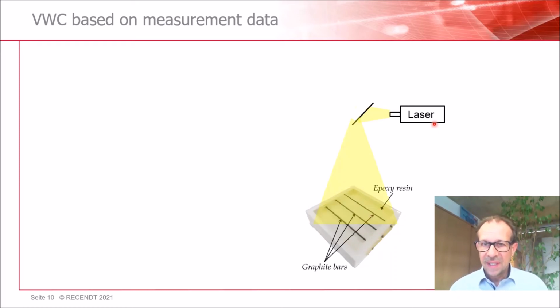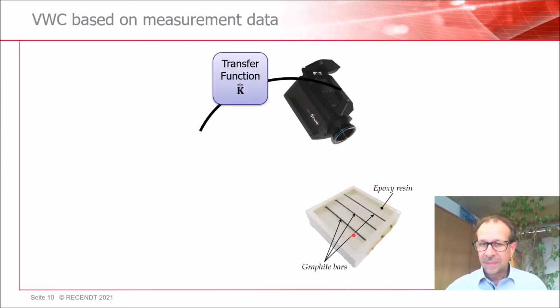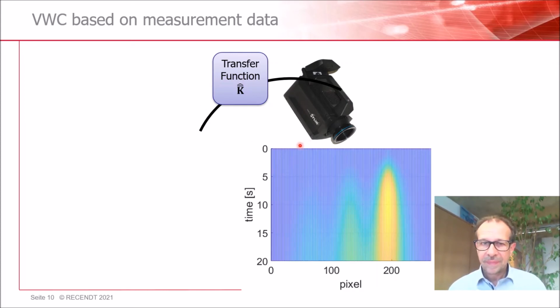So what you can see here is the laser. The laser heats these graphite bars, and the temperature on the surface is measured with this infrared camera. Here you see the temperature as a function of time. From the bar which is very near to the surface, again the heat goes very fast to the surface. From the bar which is very deep inside, the heat takes very long, and also the amplitude is quite low.